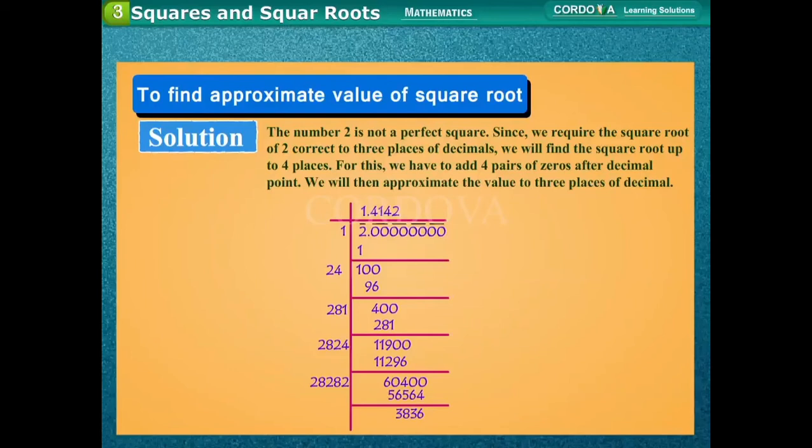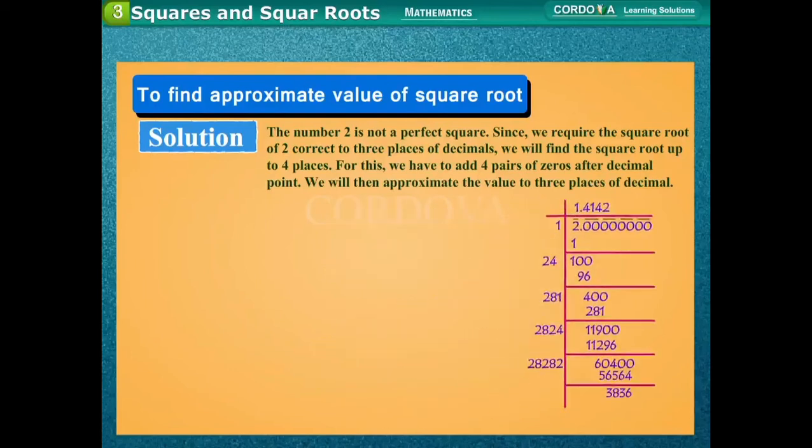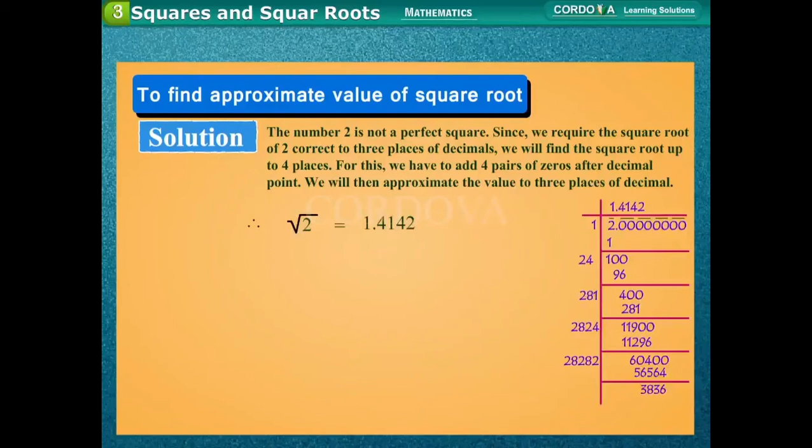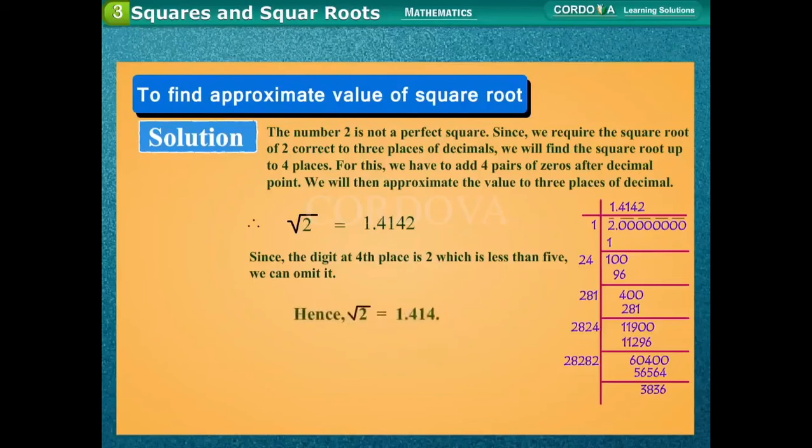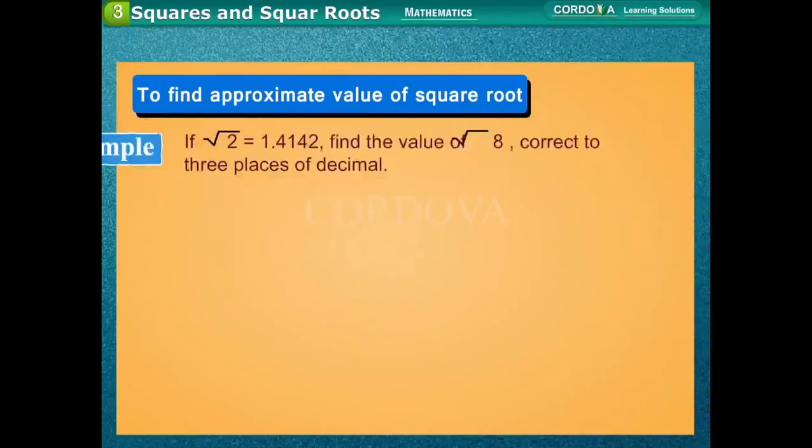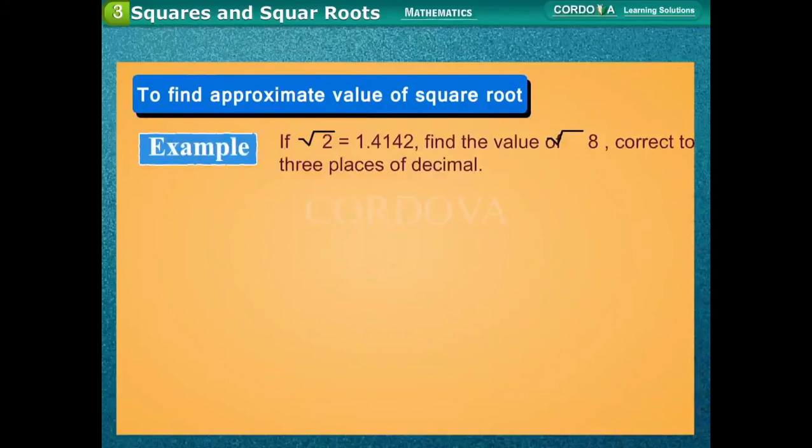Therefore, under root 2 is equal to 1.4142. Since the digit at the 4th place is 2, which is less than 5, we can omit it. Hence, under root 2 is equal to 1.414.